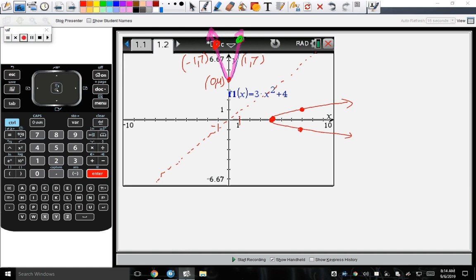Okay, so let's go back and see algebraically. Actually, I'll just do it from here. I can show you how it's not going to work algebraically. So 3x squared plus 4 is the original. You know the steps. The steps are, change f of x to y. That's step number 1. Step number 2 is change the x and y's placement.